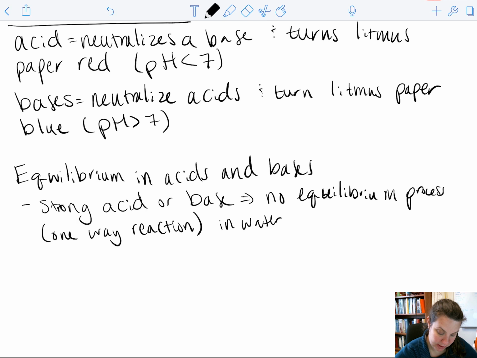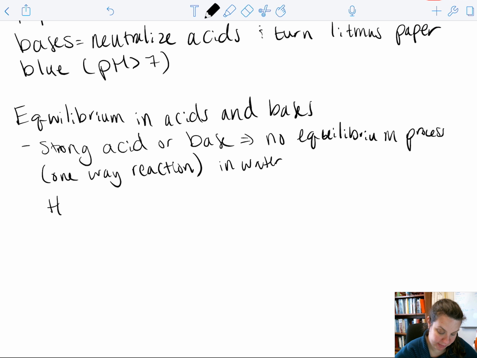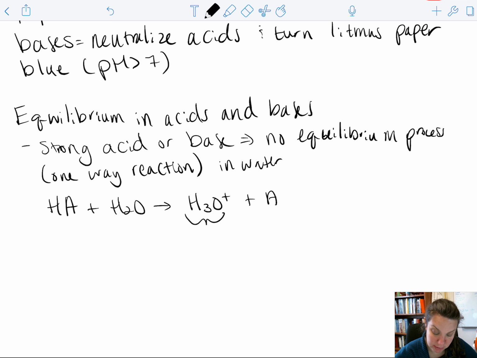So if we have some generic acid, we put it in water, it's going to dissociate completely into H+, which will then attach to a water molecule and produce hydronium. We'll bring up the idea of hydronium many times, but hydronium is just water plus a proton, and then a minus our anion.